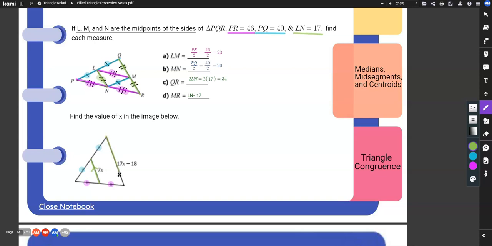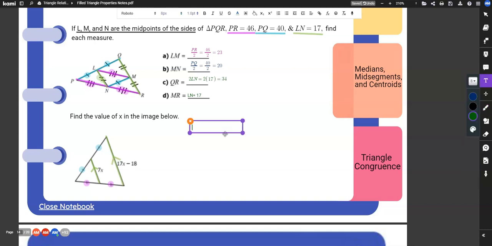So it is parallel and twice the length of the parallel base. And for this problem, we are going to multiply the midsegment by 2, simply because 17x does not divide evenly by 2. So we're going to say 2 times 7x is going to be equal to 17x minus 18.